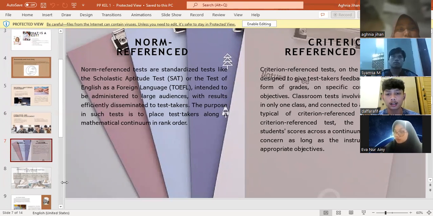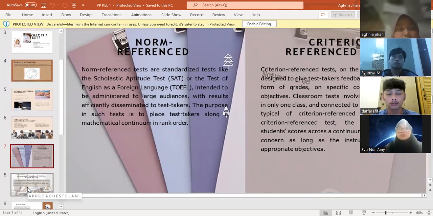So this kind of test must have a fixed, predetermined response in a format that can be scored quickly at a minimum expense. Money and efficiency are primary concerns in this test. And then we will talk about the criterion reference test.